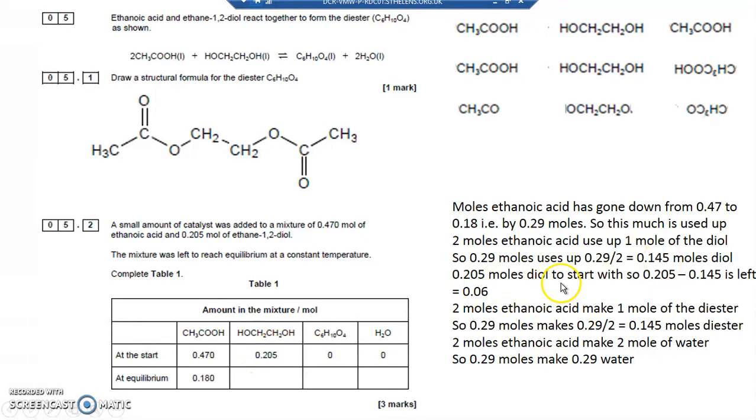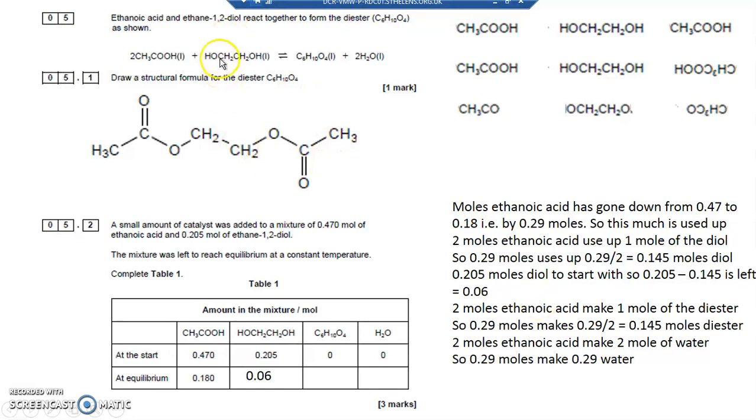Now I can work out how much I've got left. I started with 0.205, I've used up 0.145, so I must have 0.205 subtracted 0.145, 0.06 is left over. How much of this is made? Well, every time 1 mole of ethane 1,2-diol reacts, I make 1 mole of my ester.